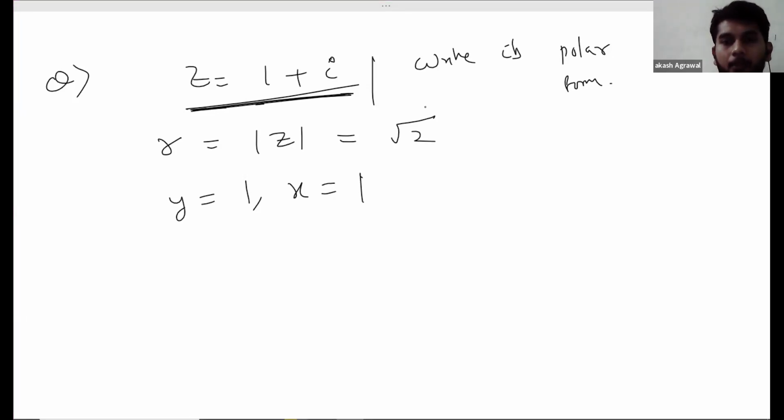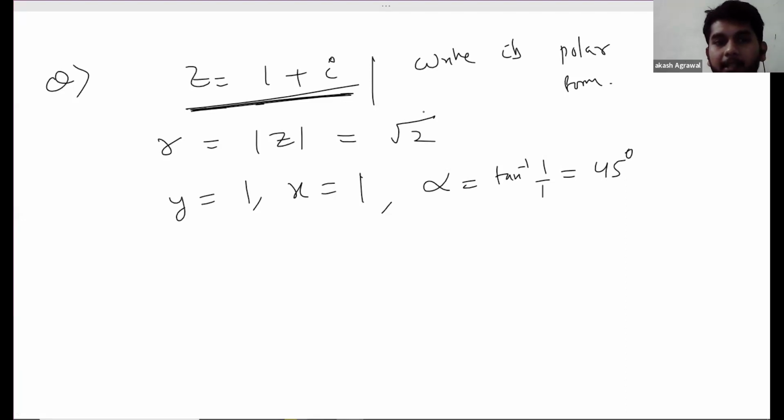One. So alpha would be tan inverse 1 by 1, which is... Afnan. What is tan inverse 1? We just found it. This is 45 degree. Okay. Okay, sir.